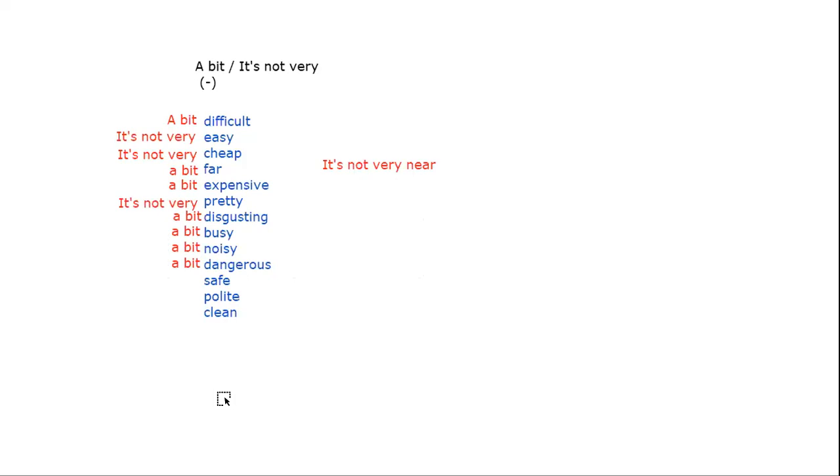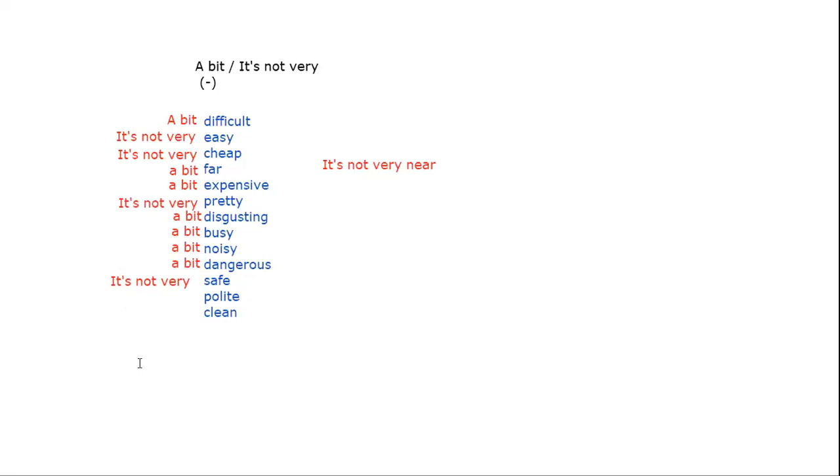Miren que estamos diciendo prácticamente lo mismo, pero utilizando los adjetivos opuestos. It's not very safe. No es tan seguro, ¿no es cierto? Es la misma forma de decir lo mismo que es peligroso. Estamos dando la misma idea. It's not very safe. No es tan seguro. Es lo mismo decir que es it's a bit dangerous, right? Está un poquito inseguro, es un poquito peligroso.